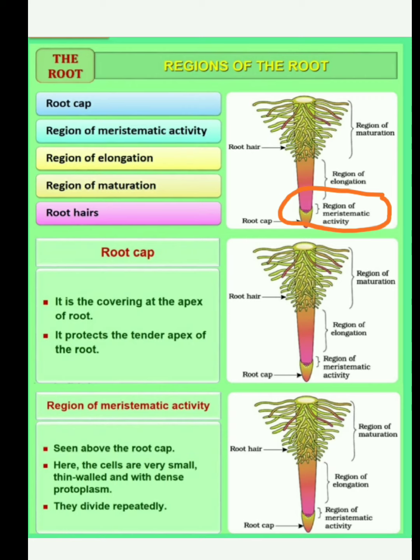Why do they have dense protoplasm? Because they have all the materials required for cell division. They divide repeatedly, so continuous meristematic activity is going on. That's why it is called the region of meristematic activity, a region where the cells are dividing continuously.